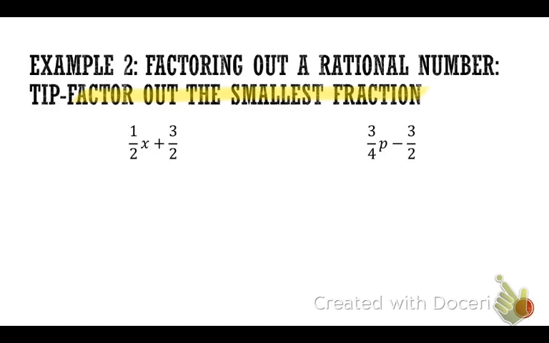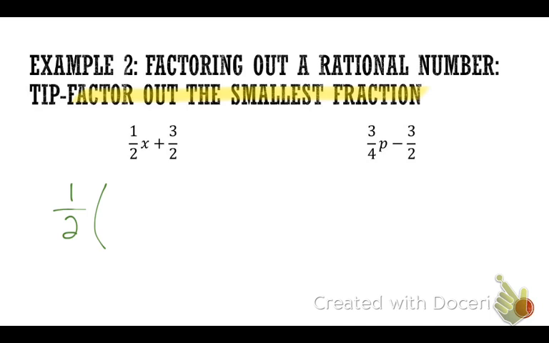Yes. Okay. So 1/2 is the fraction I factor out. When you look at these, you will be factoring out one of the two fractions. You factor out the smaller of the two. So we will pull 1/2 out of this expression.